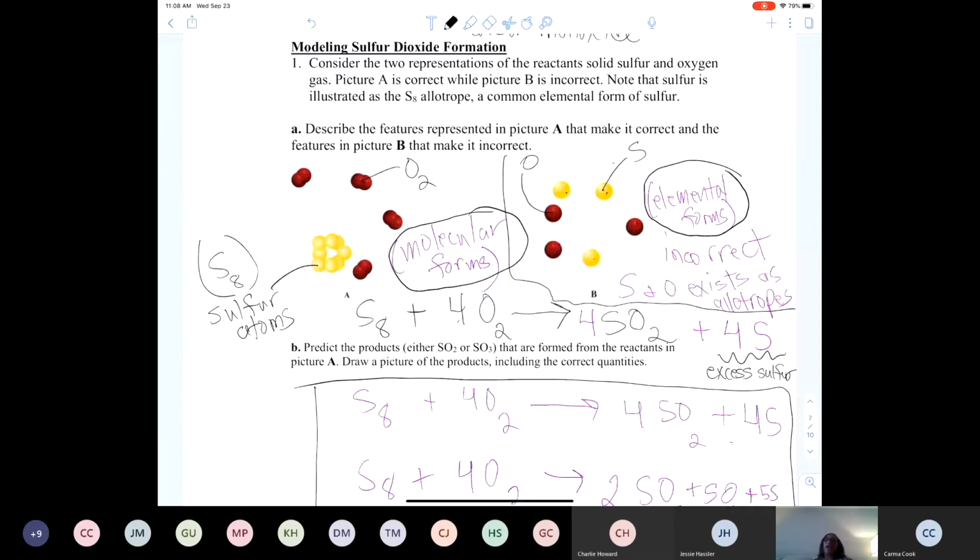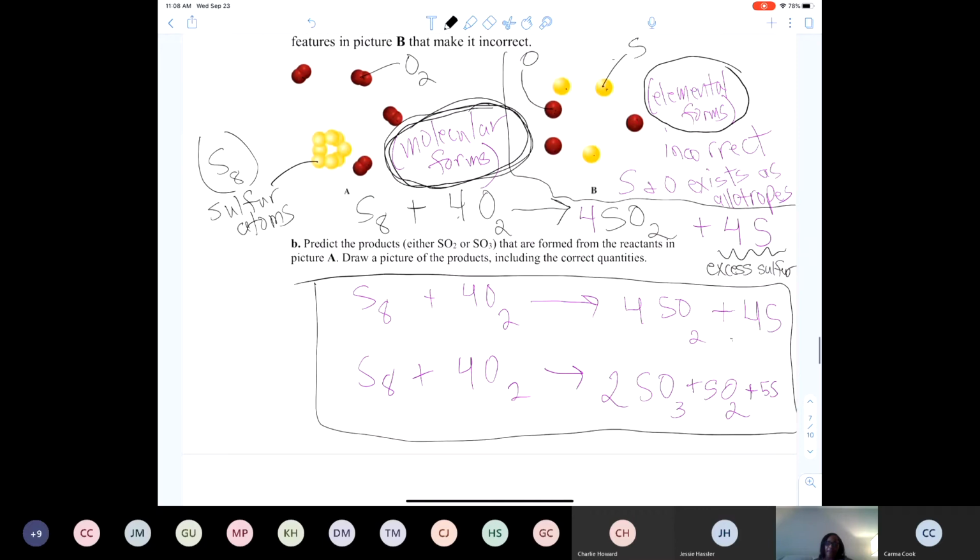Oxygen exists as a diatomic molecule or molecular element, O2, whereas sulfur is usually found in an allotropic form, either S5, S6, S7, or S8, S8 being the most abundant, the most popular form. So that's why panel A is the correct representation and panel B is the incorrect representation, because panel A shows those reactants in molecular form.